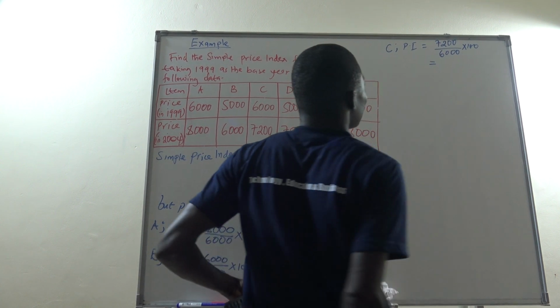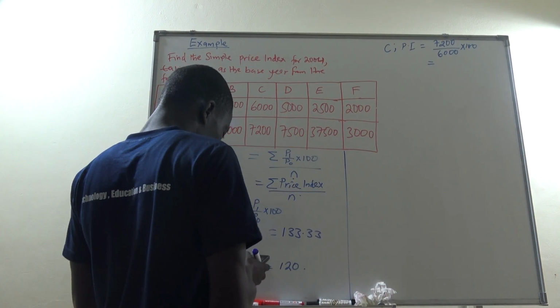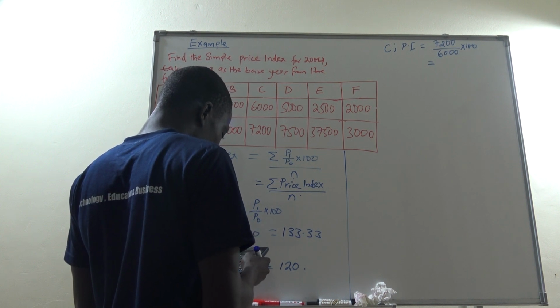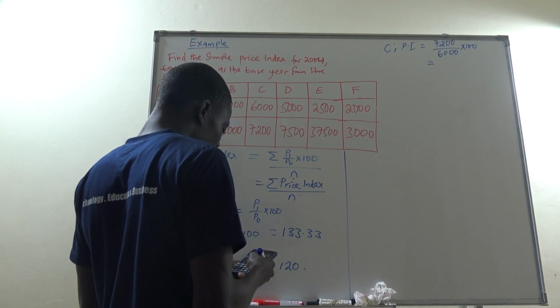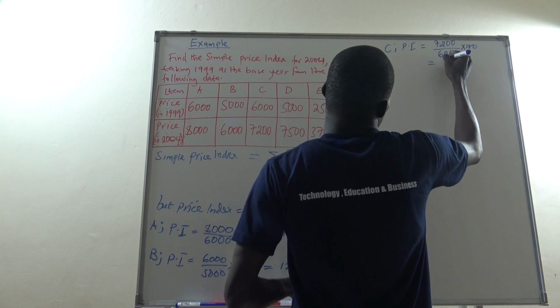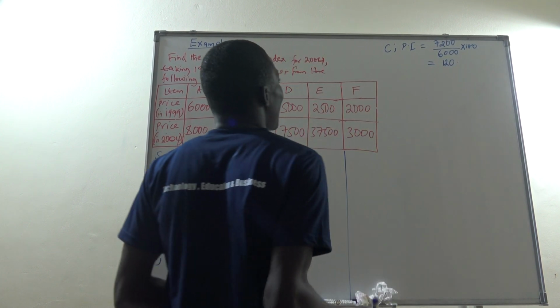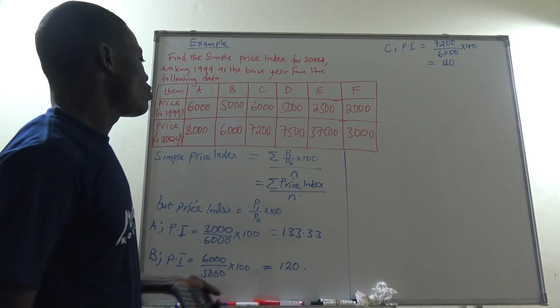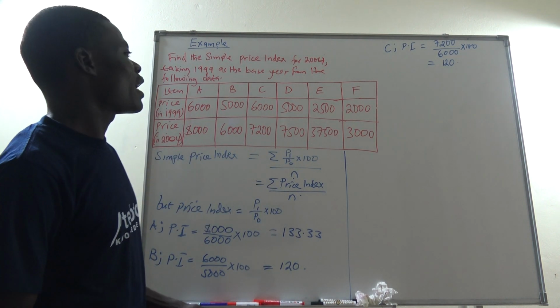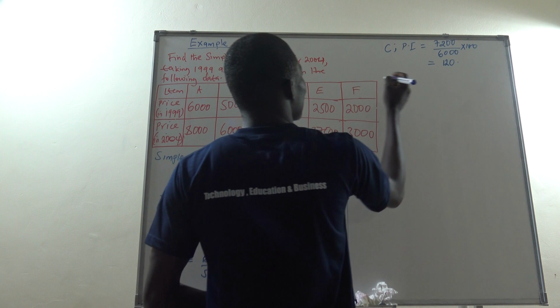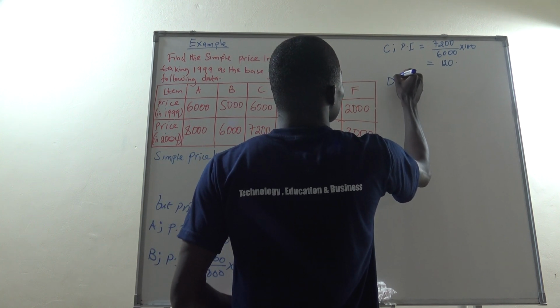The answer we shall get, 7,200 divided by 6,000, is still 120. So that's the answer. So we go to item D.